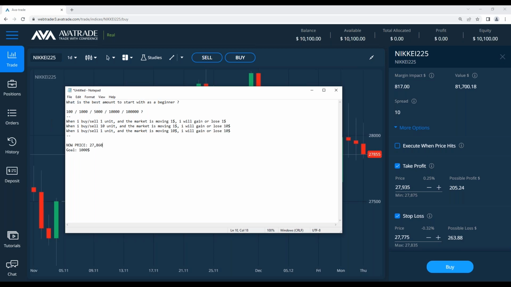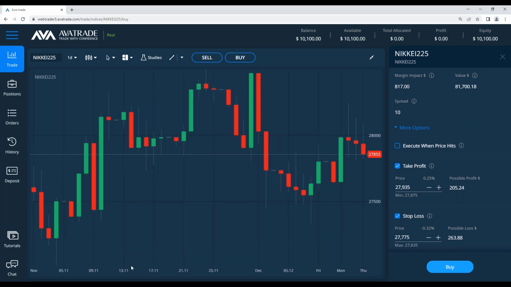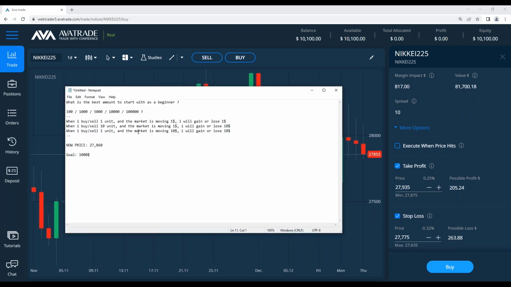Perfect. And we would like to trade Nikkei. Now, like I said, this comparison, 1 unit multiplied by this movement equals this result. Same applies if I put here 10 and 1, so 10, 1 and 10, also 10.